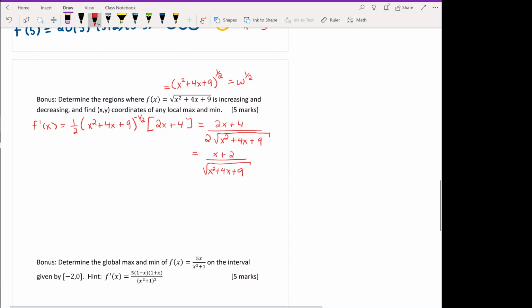The interior of that square root function cannot be 0, because the discriminant b squared minus 4ac, if you think back to the quadratic formula, that discriminant is negative. So you don't have to worry about that. You only have to set the first derivative equal to 0.